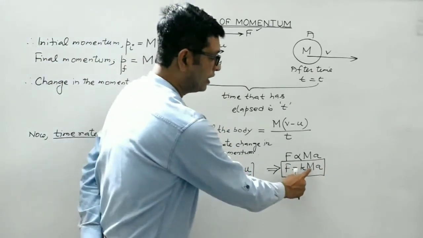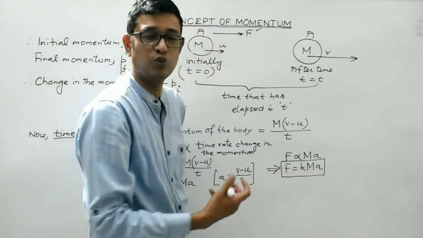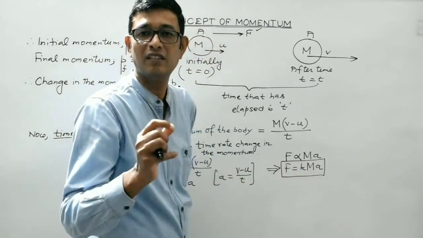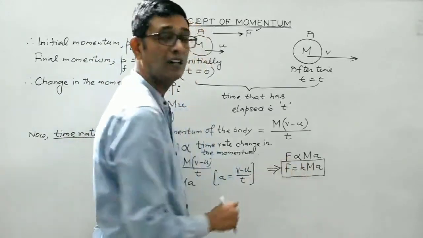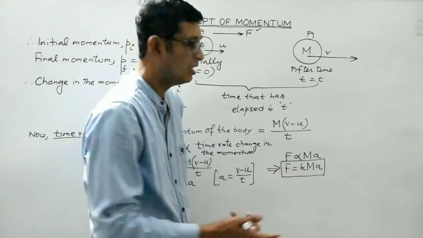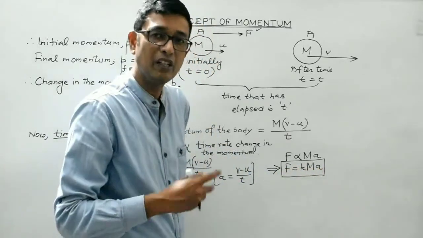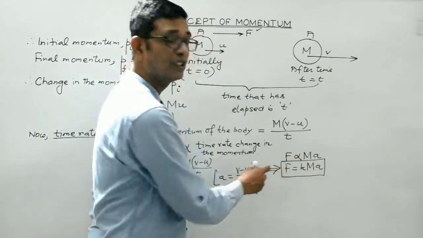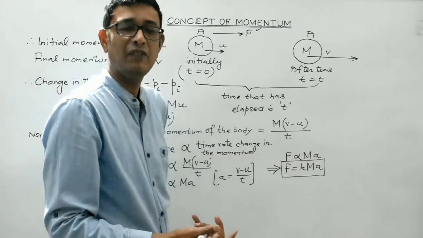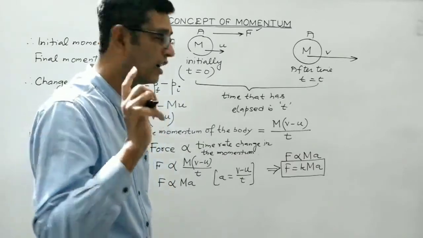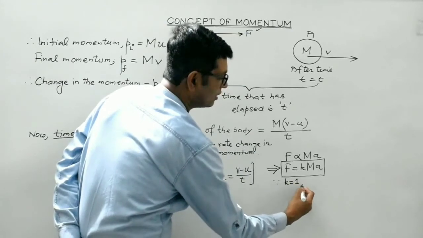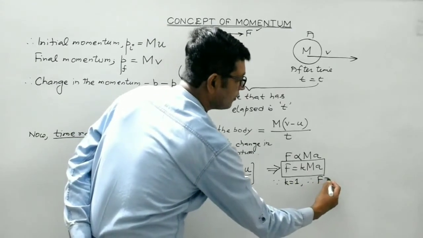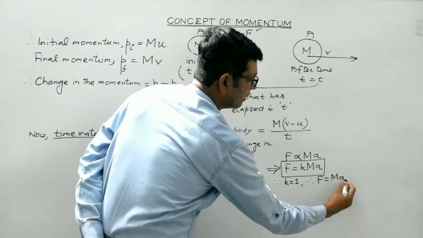Now, the units of m, a and F are so chosen that the value of k is taken to be unity, that is 1. That is, if the mass of the body is measured in kg, acceleration is measured in meter per second square, and force is measured in Newton, then the value of k is found to be 1. Now since the value of k is equal to 1, therefore F is equal to ma.